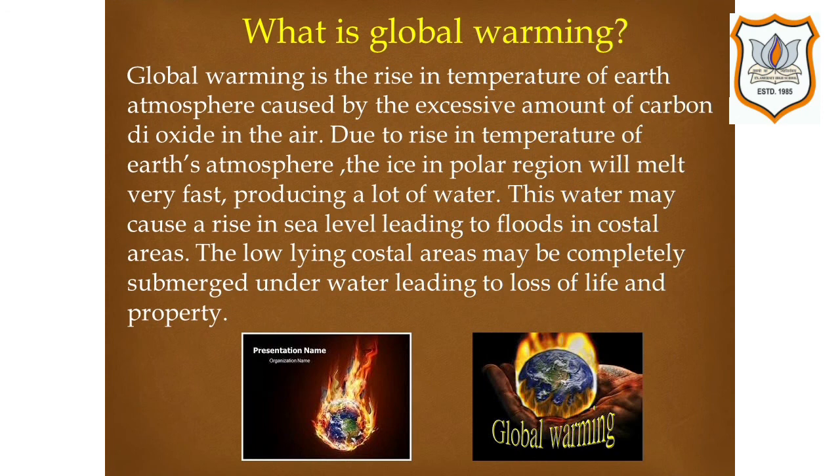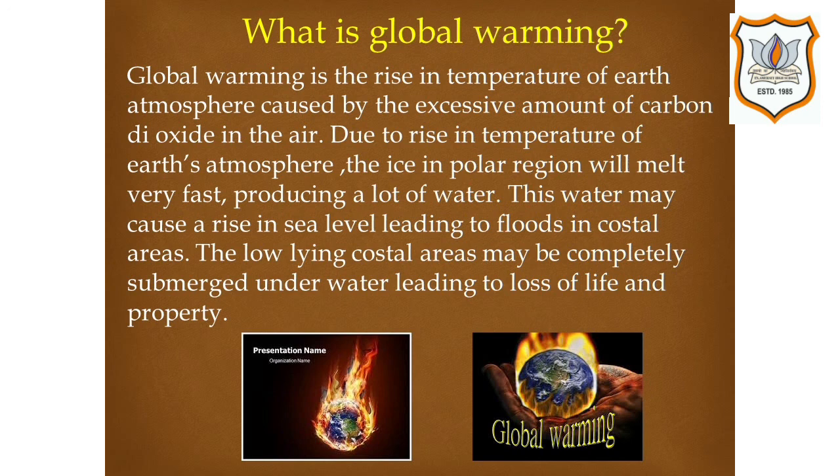Children, listen to me very carefully that what is global warming. Global warming is the rise in temperature of Earth's atmosphere caused by the excessive amount of carbon dioxide in the air. Due to rise in the temperature of atmosphere, the ice in polar regions will melt very fast, producing a lot of water.